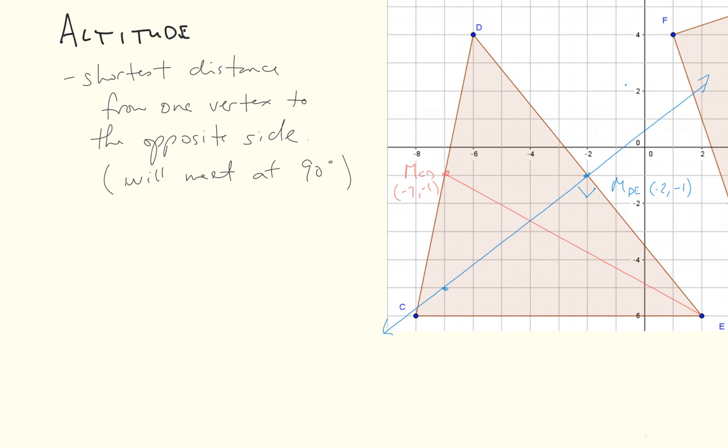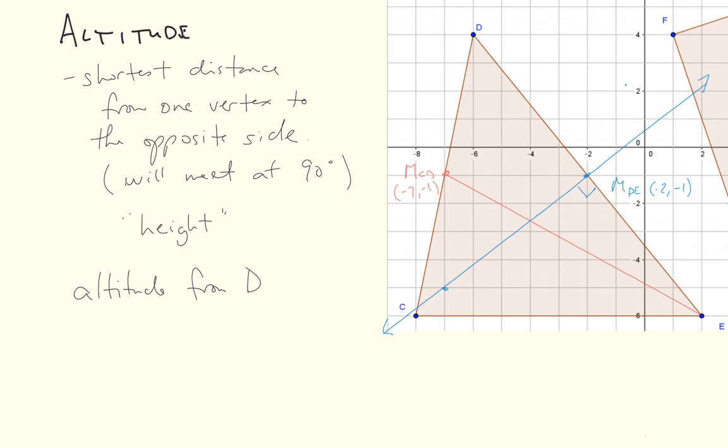Now you've seen altitudes before. Previously, they've been called the height of the triangle. Now, like any of these lines, you could draw them from any side, but in this case, we're going to go with the easy one, and we're going to draw the altitude from vertex D. And fortunately, in this triangle, it so happens that the side that we are heading to is exactly a horizontal line, so that means our altitude in this case will be a vertical line.